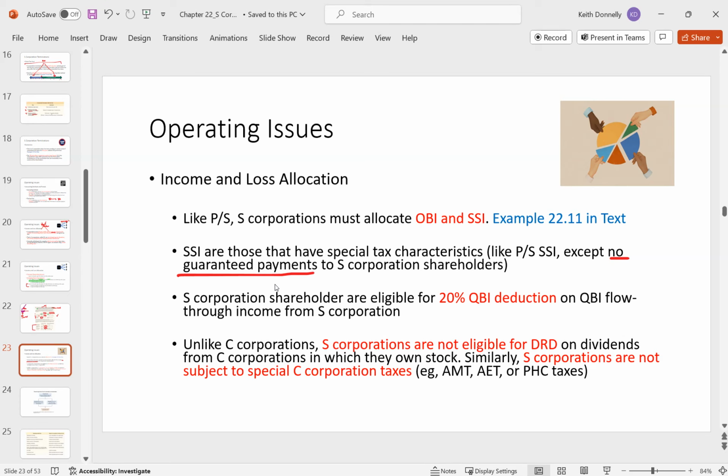A third difference that we're going to see in the next lecture is basis. This is just priming you for the next lecture. We're going to talk about basis with S corps. You need to know your basis in that stock. One of the differences is that when you calculate your partnership basis, your percentage of the partnership liabilities is part of your basis.